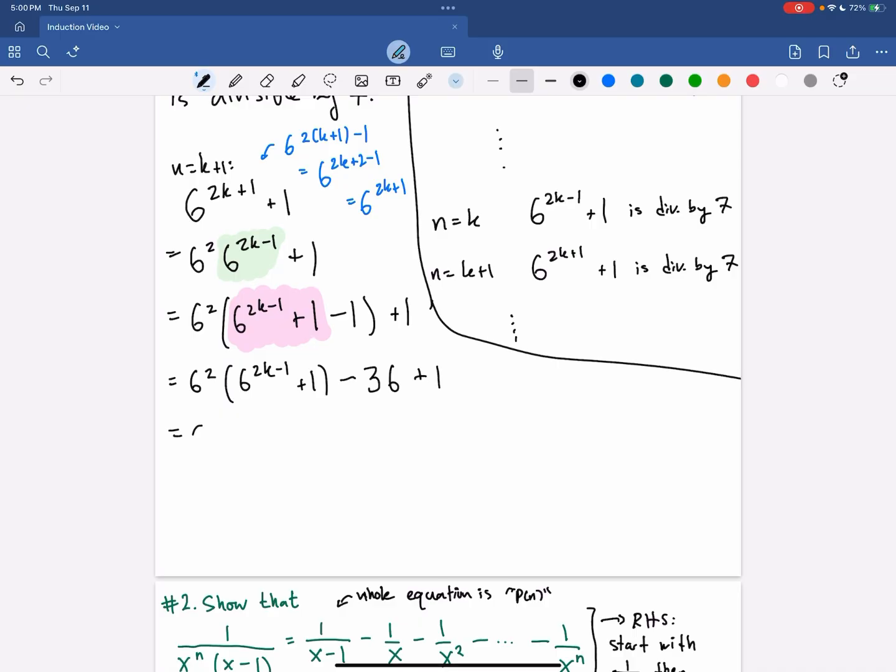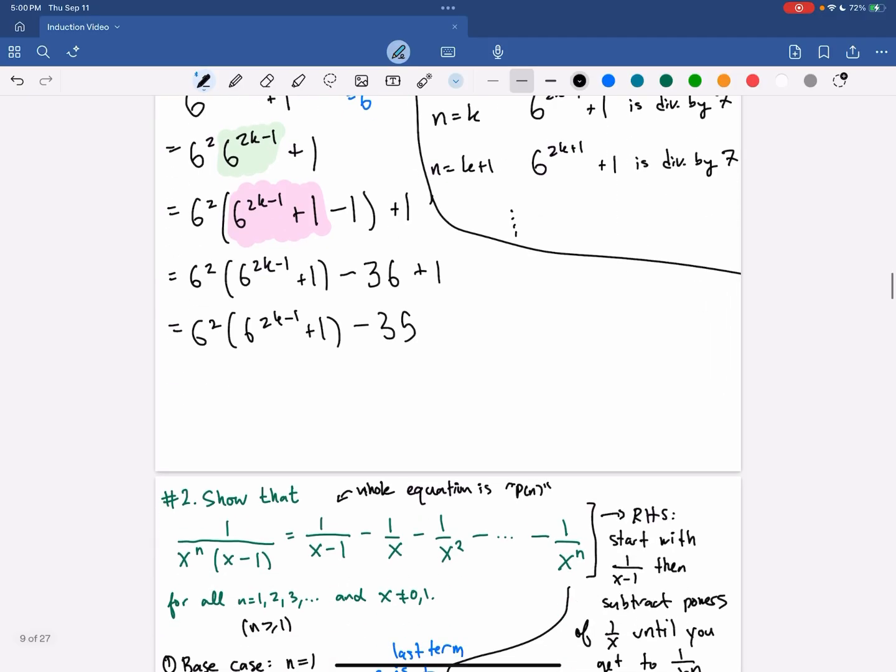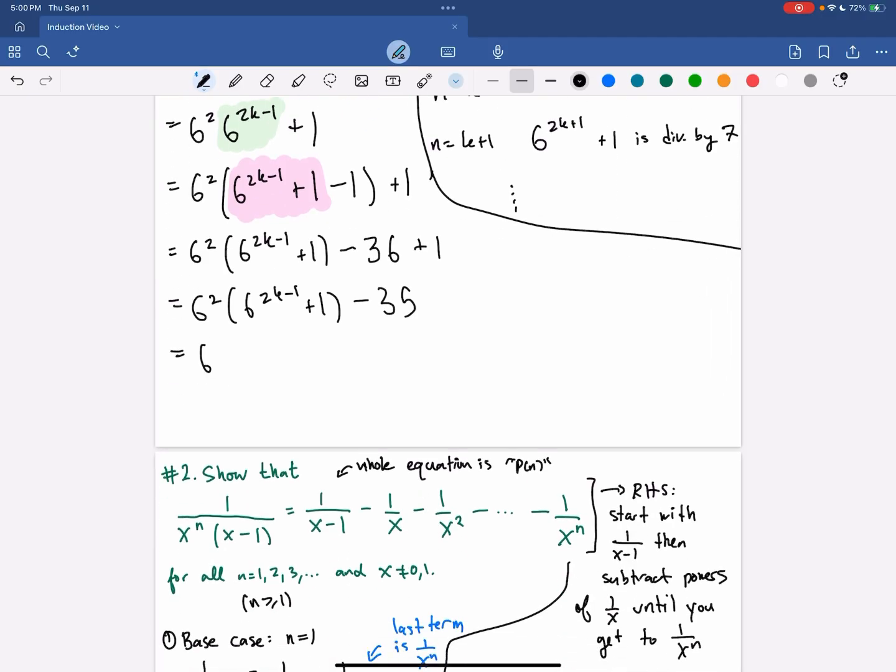So that's 6 squared times 6 to the 2k minus 1 plus 1 minus 35. 35 is 5 times 7. And so that means we now have 6 squared times something divisible by 7, minus 7 times 5. Both of these are divisible by 7. And so that means the whole thing is also divisible by 7.